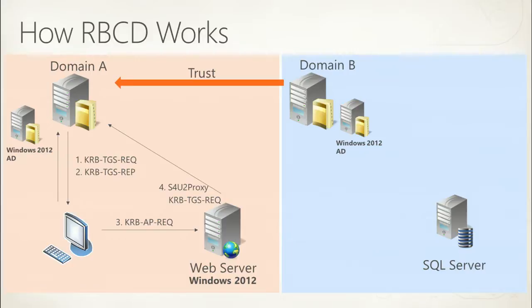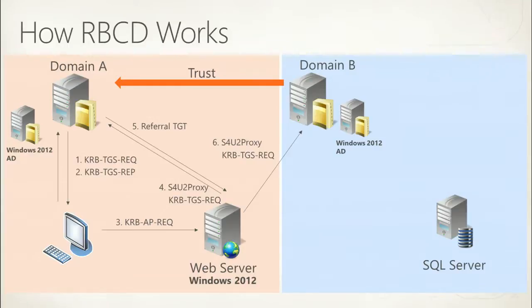Domain A is going to say, hey, listen, I don't know anything about that service. I can't give you the service ticket for that SQL server, but what I can give you now is a referral ticket. So now I'm going to get back a ticket granting ticket that's going to allow me to go to the second domain and ask for the same thing. This time it's going to be aware of that SQL Server service. It's going to have the service principal name registered.